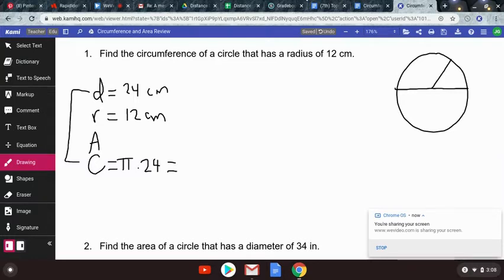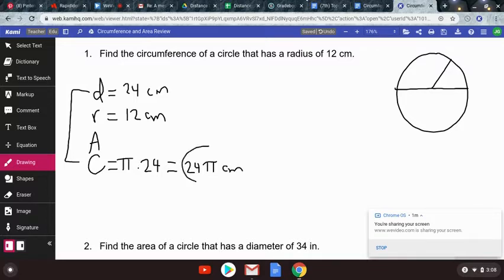Now, if I wanted an exact answer, that means the symbol pi is actually in my answer, so it would be 24 pi. Us mathematicians always like to put the number before we put any variables or symbols, and then I would label it centimeters.